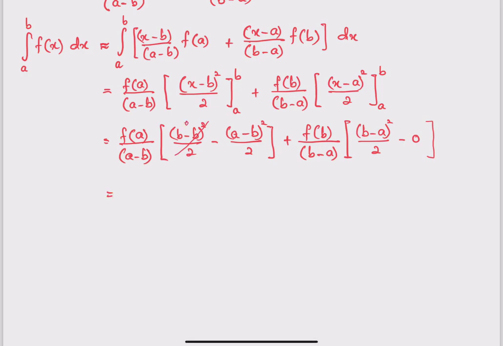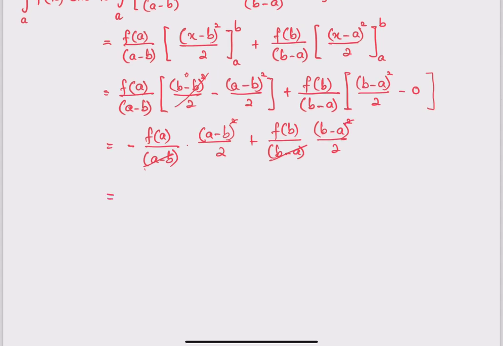And then what you will get is negative f(a) divided by (a minus b) multiplied by (a minus b) squared divided by 2, plus f(b) divided by (b minus a) multiplied by (b minus a) squared divided by 2.